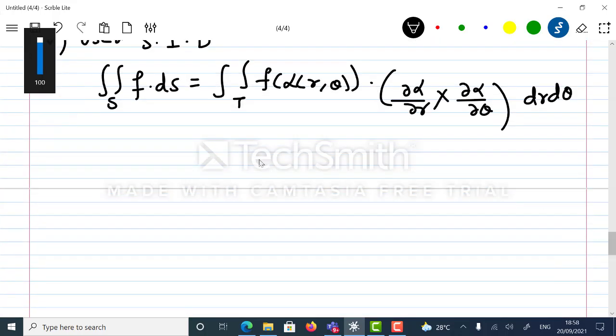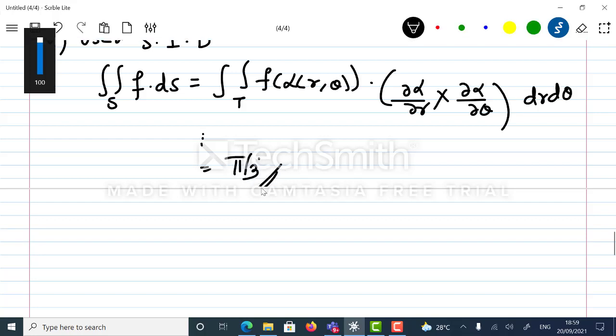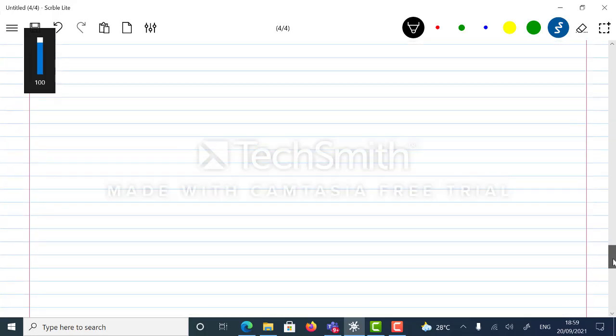And this you can calculate. I'm not solving it here. Somewhere I have the answer which you can do later. I am not giving a direct solution to this. So the answer to this is π by 3. Definitely in a lecture we will discuss whether you really got π by 3 or not. Right.